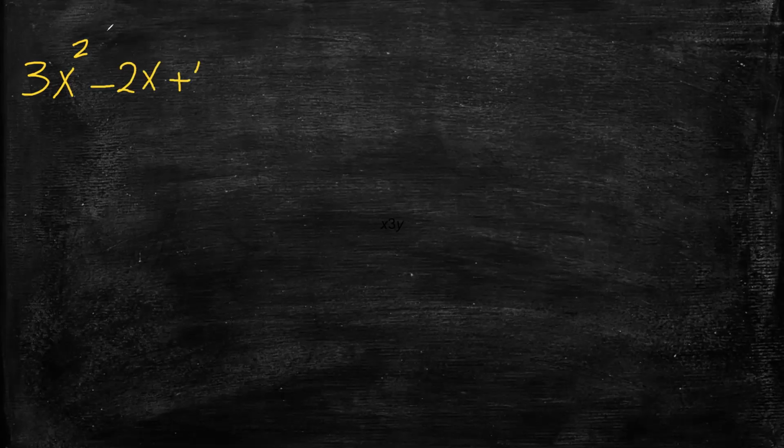So now let's have this example here. If you have 3x squared minus 2x plus 4, and you want to multiply it by 5x plus 1.